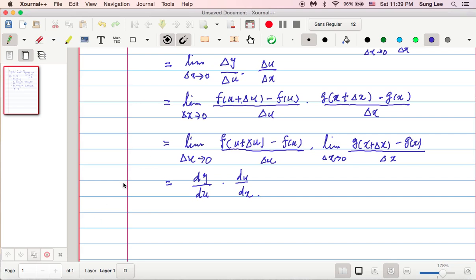So note that this proof is not a rigorous proof. Actually, I can say that this is not entirely correct. Why?